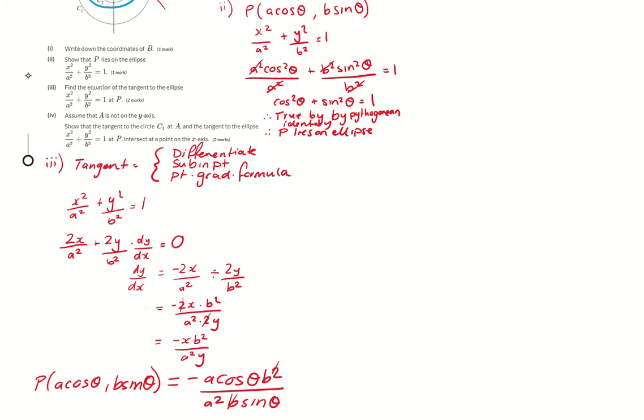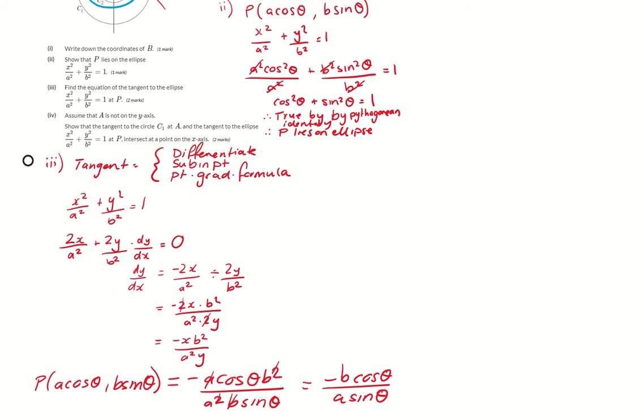B will cancel a b, a will cancel an a, which gives me an answer of negative b cos theta over a sine theta. And there is my gradient.